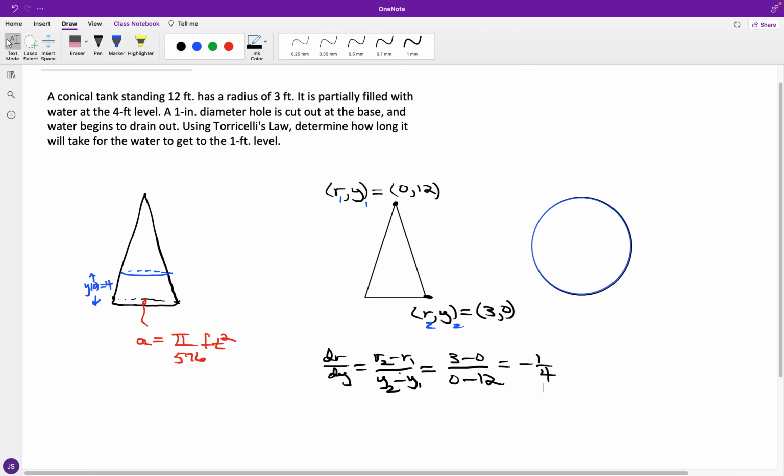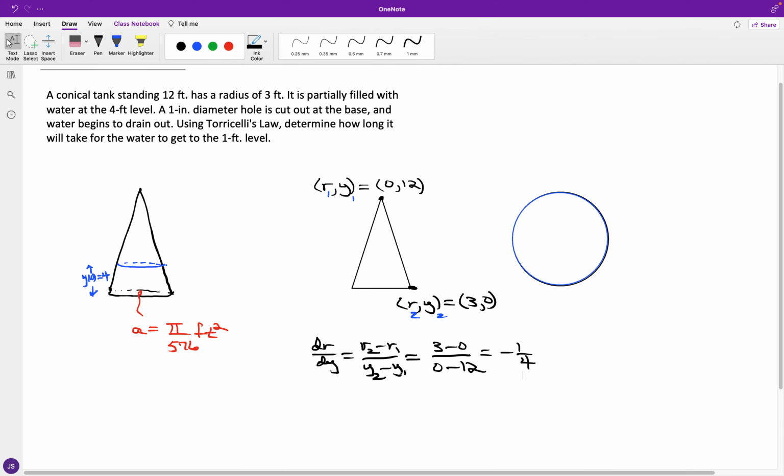So you have the change in radius with respect to the change in y equal to negative 1/4. And for what we have in r and y, analogous to the point slope formula that you have seen in pre-calculus, we say we have r minus r sub 1 is equal to the slope, in this case the change in radius with respect to the change in the water level, times the quantity of y minus y sub 1.